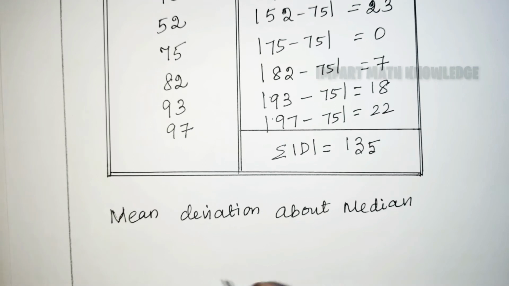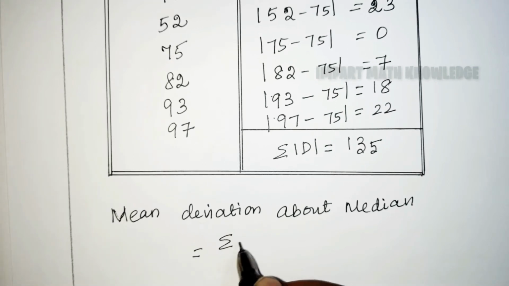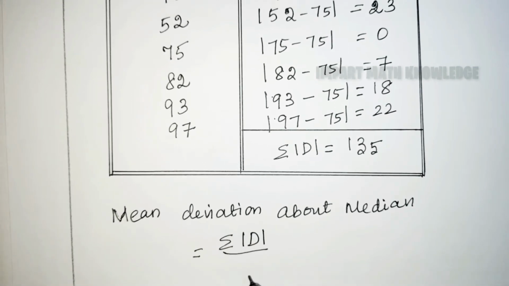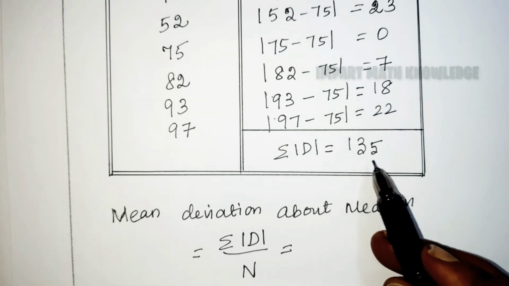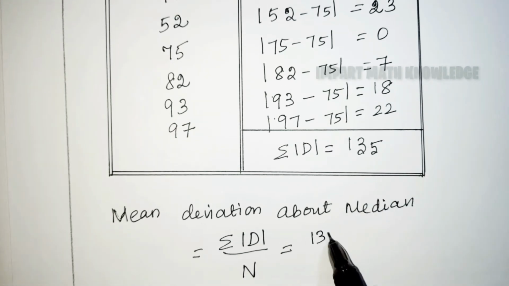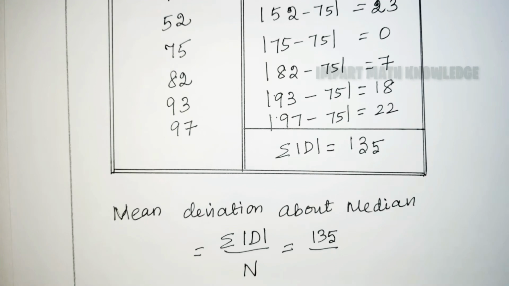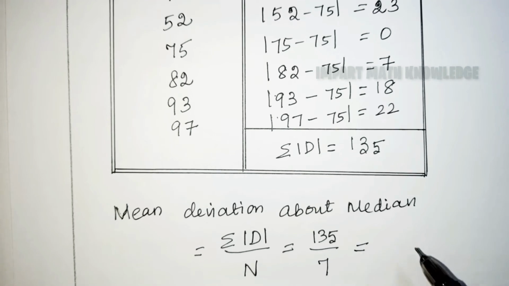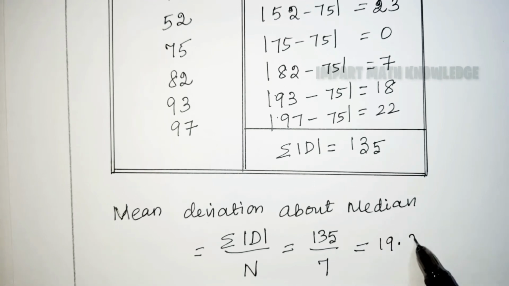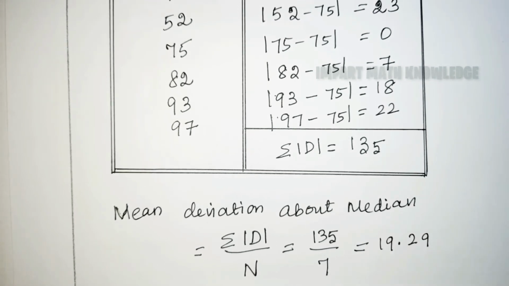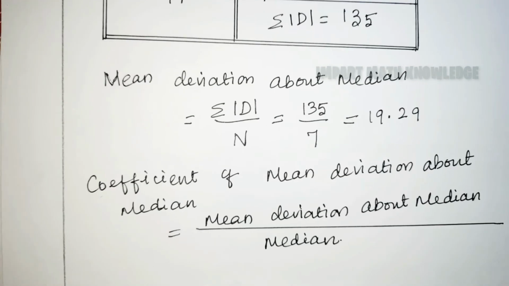Mean deviation about median is equal to summation mod d divided by n. Summation of mod d is 135. N is number of items, N is equal to 7. This is equal to 19.29. Mean deviation about median is equal to 19.29. Coefficient of mean deviation about median is equal to mean deviation about median divided by median.